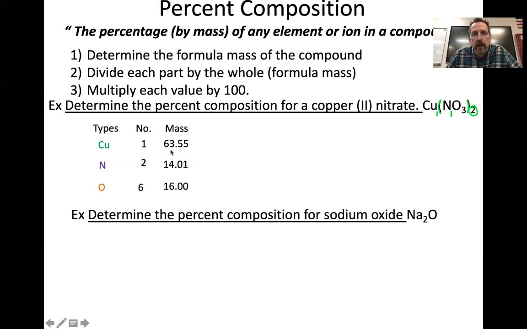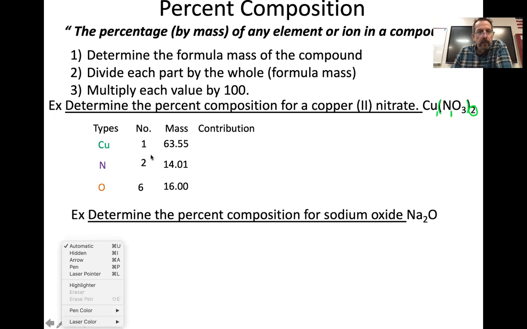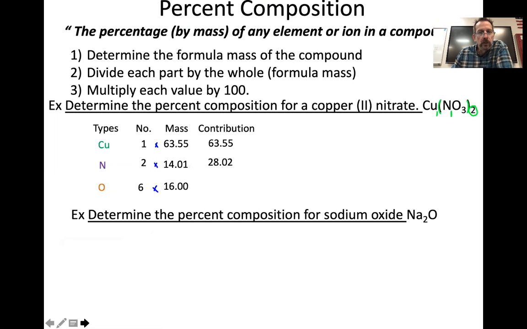Okay, so our types, our quantities, our mass, right? Those masses, the atomic mass of each element, come from the periodic table. The contribution from each element comes from multiplying, right? We multiply our quantity times our mass, and we get a contribution from each of the 3 elements. So we get a contribution of copper, nitrogen, and oxygen by multiplying the number by the mass.